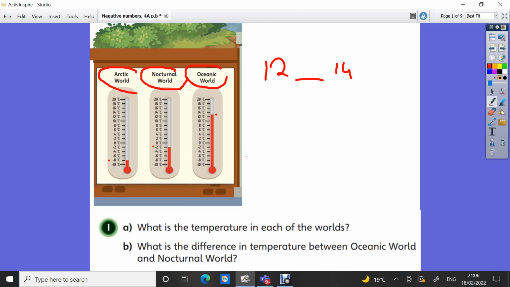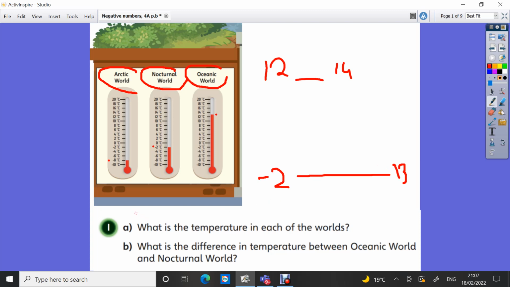So what's the difference between 13 and -2? You have to think about it. Count forward from -2 all the way to 13. You have to see how many steps there would be if you start counting from -2 and count on by 1 and reach 13.